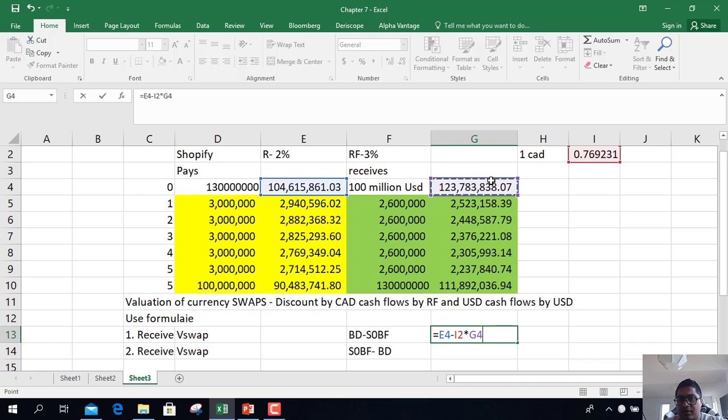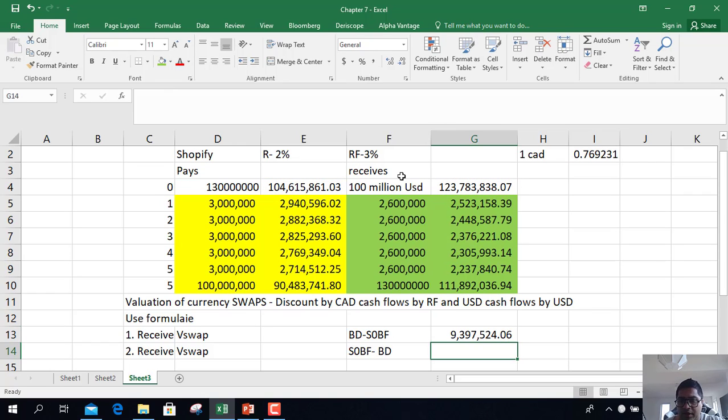Once again, present value in US dollars that we calculated by discounting using the US risk-free rate, minus the conversion rate, the spot rate right now, 0.7692, into the present value of Canadian dollars using the Canadian risk-free rate. So the value of this swap right now is $9 million.